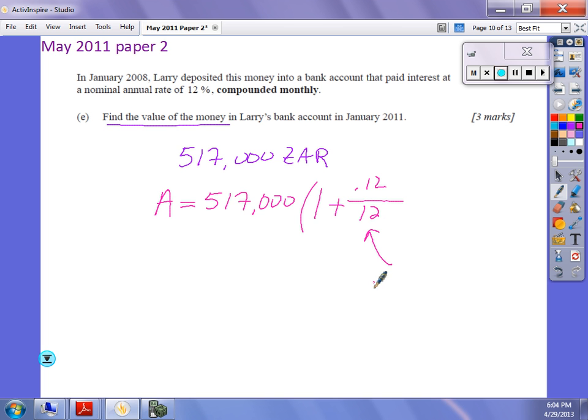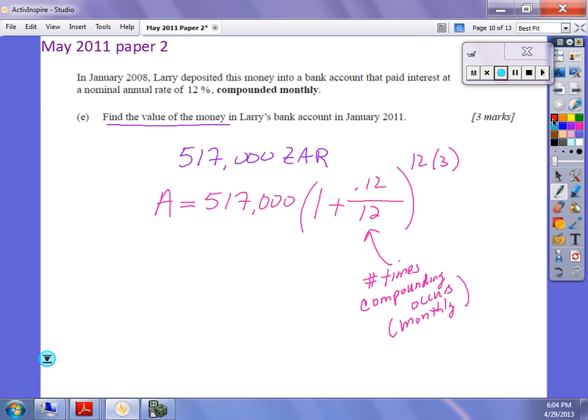This 12 is the K in your compound interest formula on your formula sheet, and that's the number of times that the compounding is calculated. So the number of times compounding occurs. And in the problem it says monthly, so that's where that 12 comes from. And we're going to raise that to the power of K, the number of times that we're compounding, times time. So that's our 3 years.